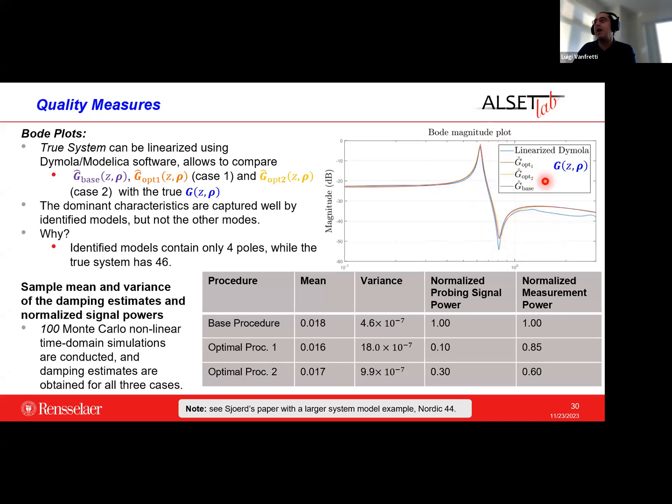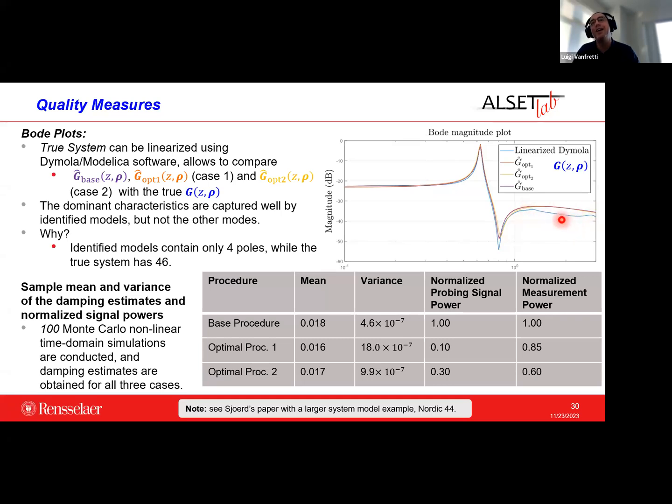And then you have the base experiment in purple, and G of one is the DOM, and the op2 is the optimal input signal. So you can see very well that we can characterize very well this inter-area mode here of the peak, but we do not capture at all the other two local modes, right?